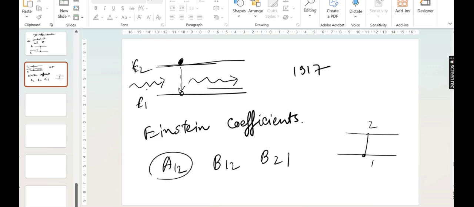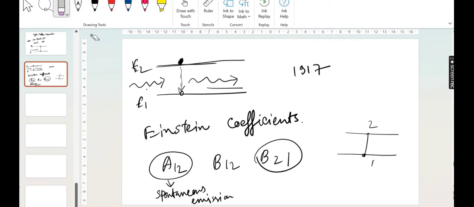And A21 corresponds to the spontaneous emission. And B21 corresponds to stimulated emission.